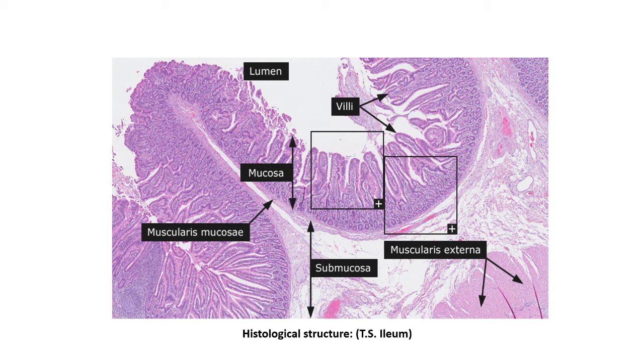Mucosa is the innermost layer, and it bears finger-like structures called villi. It is the most important part of ileum. It covers maximum area. Then the second part is submucosa. Submucosa is lined by longitudinal and circular muscles.